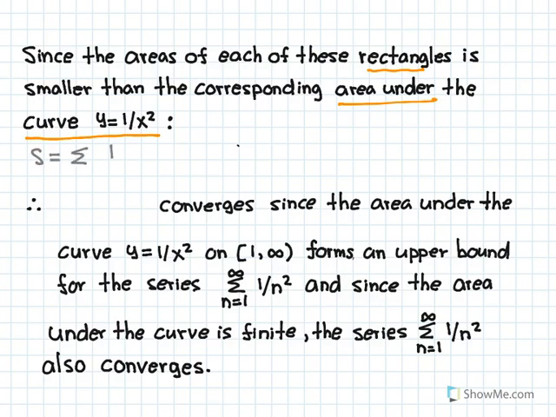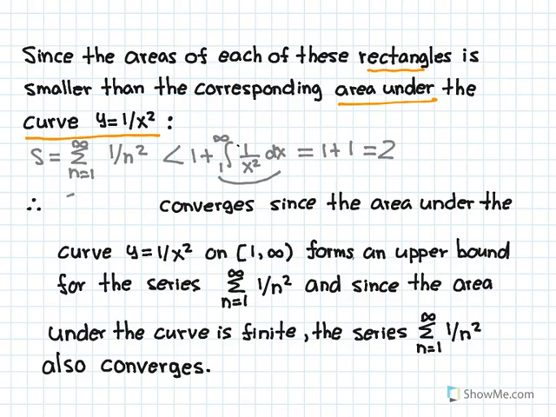S is equal to summation 1 over n squared, n equals 1 to infinity, is less than 1 plus integral 1 to infinity 1 over x squared dx. This is equal to 1 plus, and the value for this improper integral, we found it before, that's 1. 1 plus 1 is equal to 2.